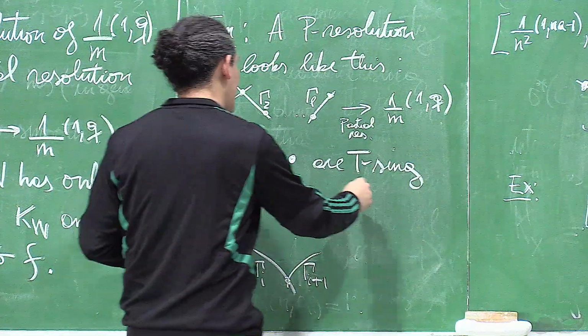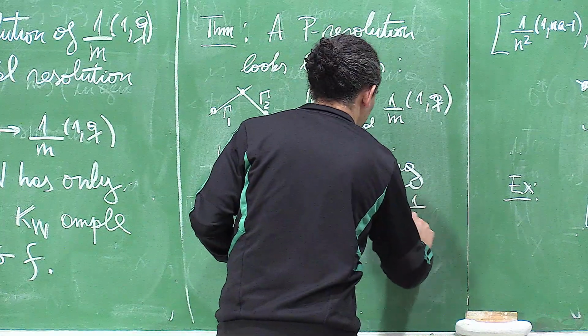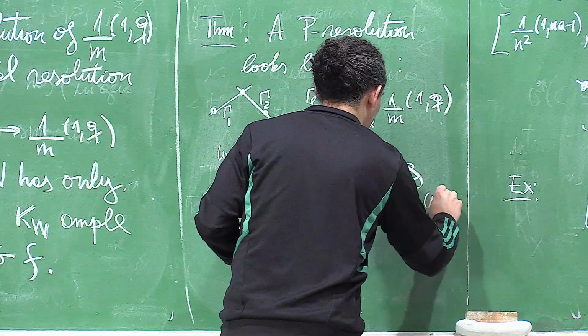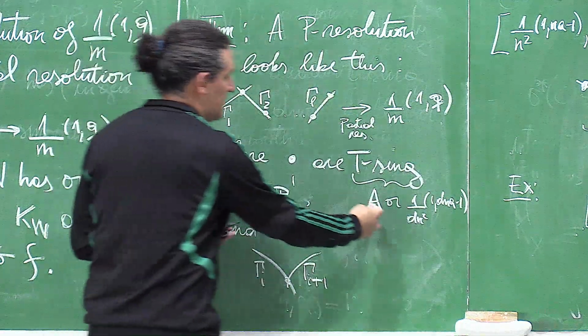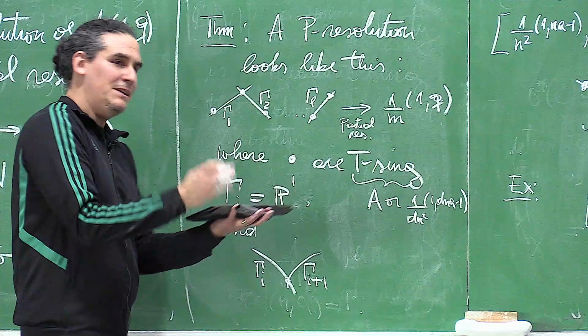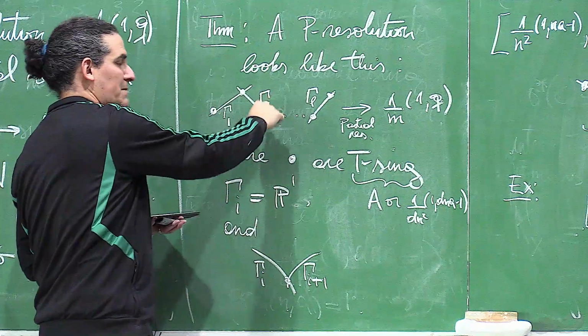And the T singularities are only of type A, or 1 over d n squared, (1, d n a minus 1). So these are toric singularities. You have a toric boundary representing these.